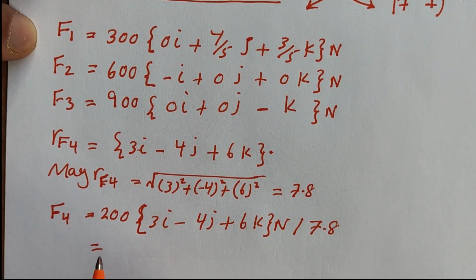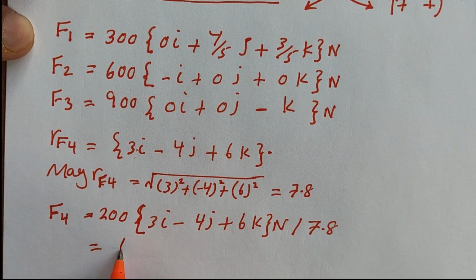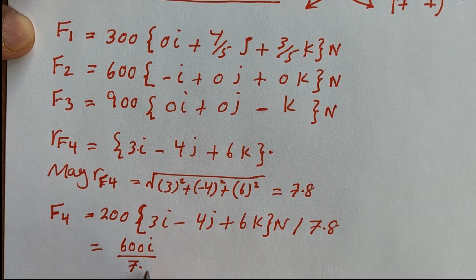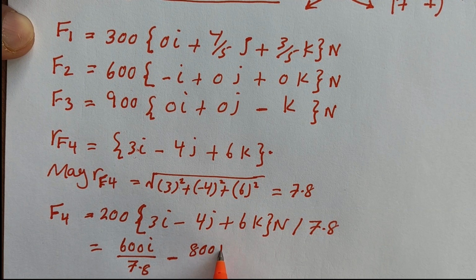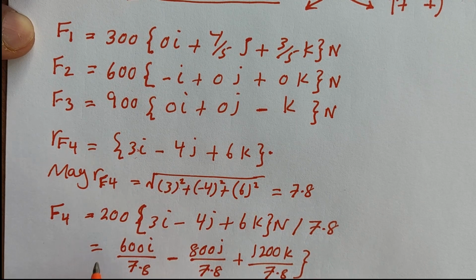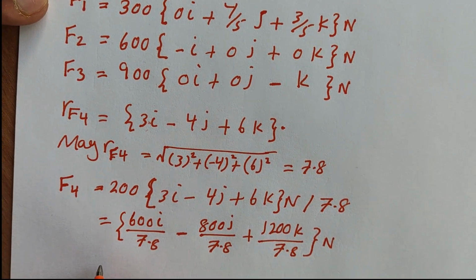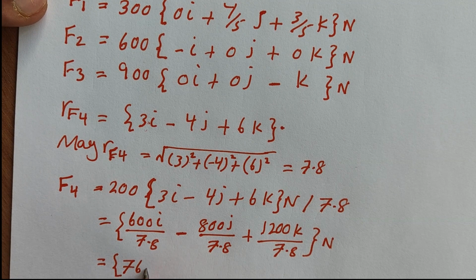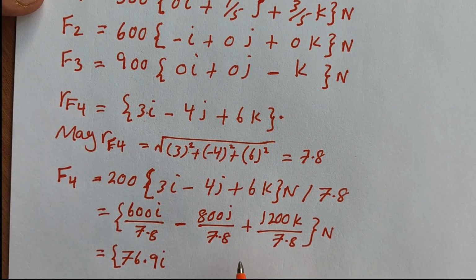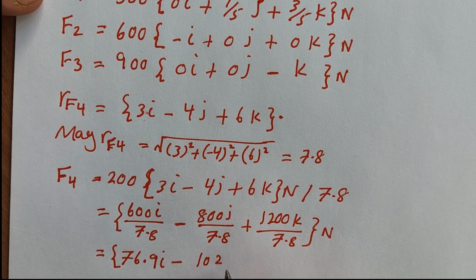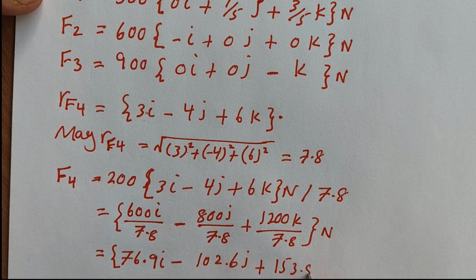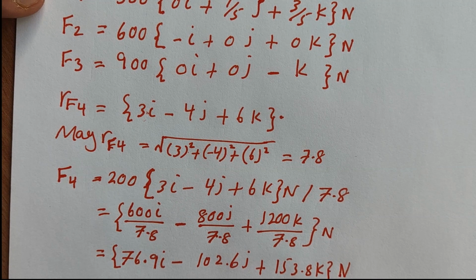Expanding this and dividing it, this will be 600i divided by 7.8 minus 800j divided by 7.8 plus 1200k divided by 7.8, and when you divide these together, this is 76.9i minus 102.6j plus 153.8k in Newton.